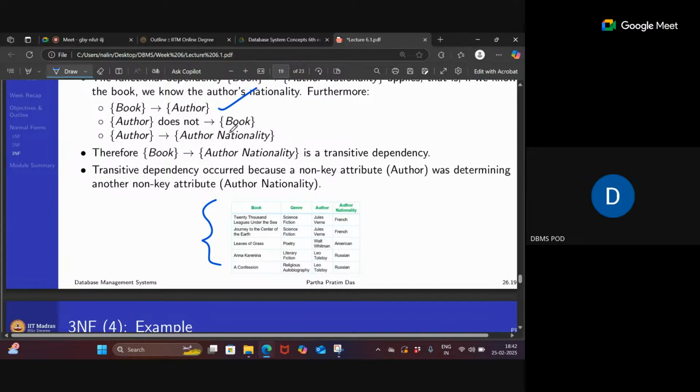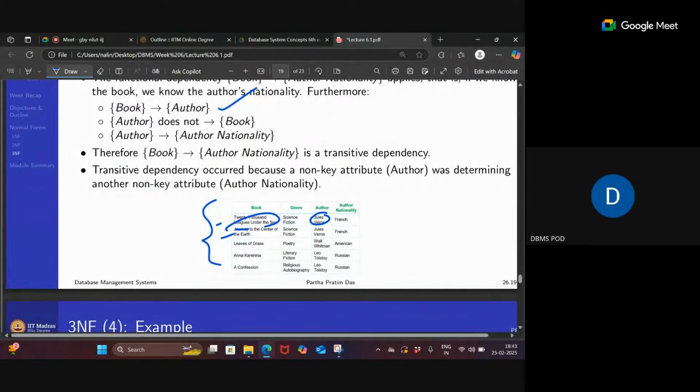And author does not determine book. You can see for the author Jules, the books are 20,000 Leagues Under the Sea and Journey to the Center of the Earth. If author determined book, then for each author the book should always be 20,000 only. It cannot be other things.